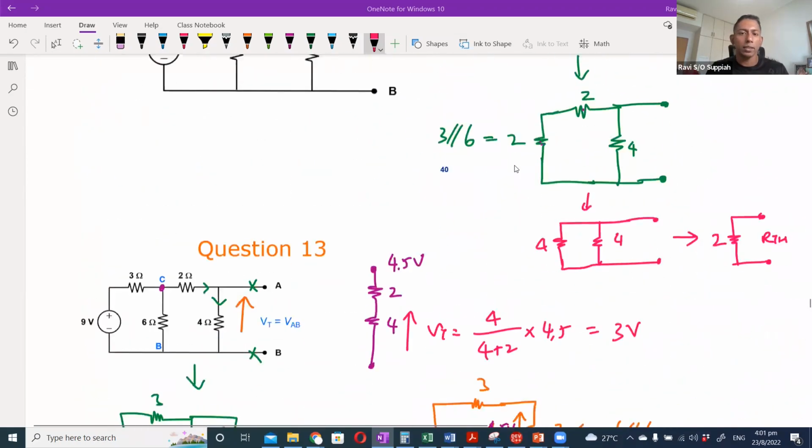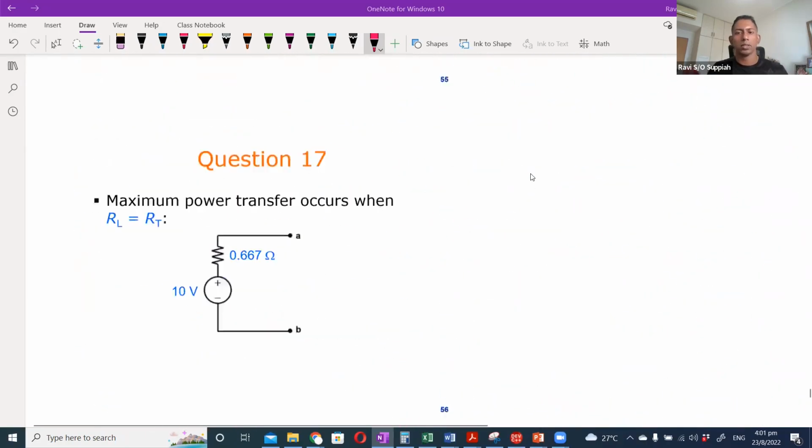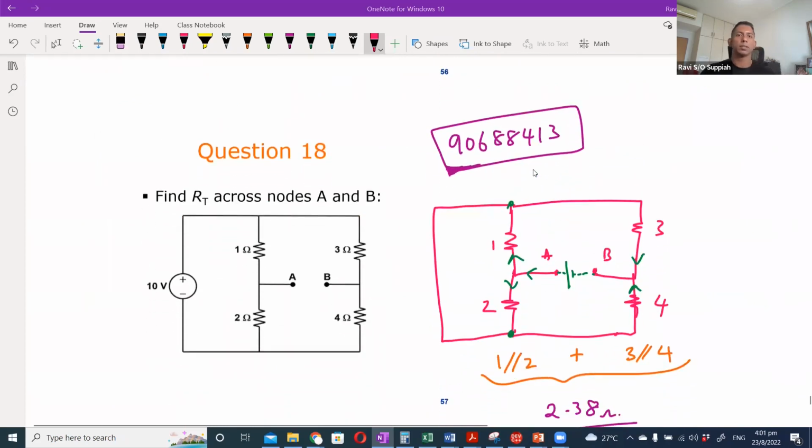For question 18, why are 3 and 4 ohms parallel? Because whatever current comes out here, when it splits back, let's say current flows in this branch over here. What is the current flowing in this branch? We do not know, but what we know is that eventually, in order for me to come back to the battery, I need to come back this way.